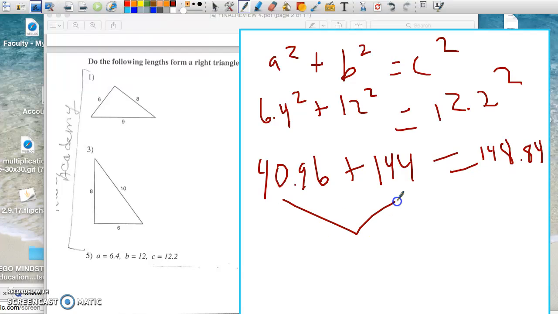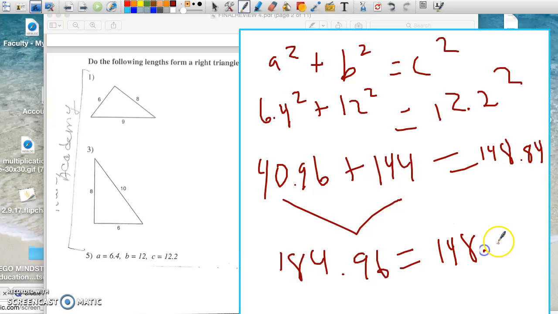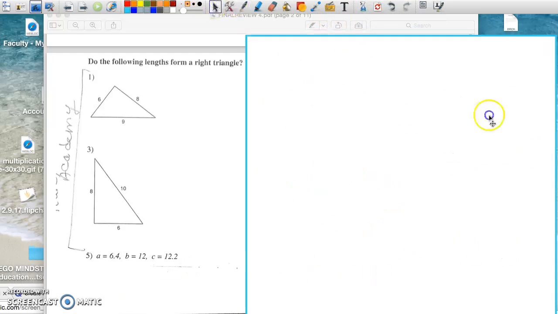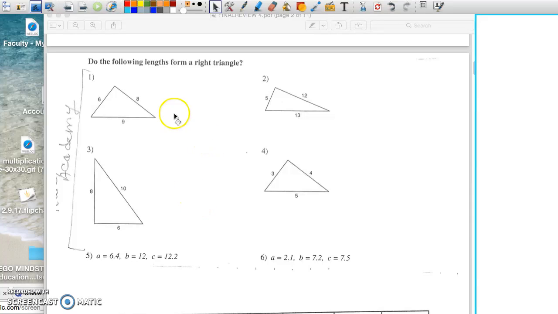Okay, let's add these together. 40.96 plus 144 gives me 184.96. Does that equal my 148.84? The answer is no. So now you have your examples. In order for you to be able to do the ones on this side, those are the ones that count.